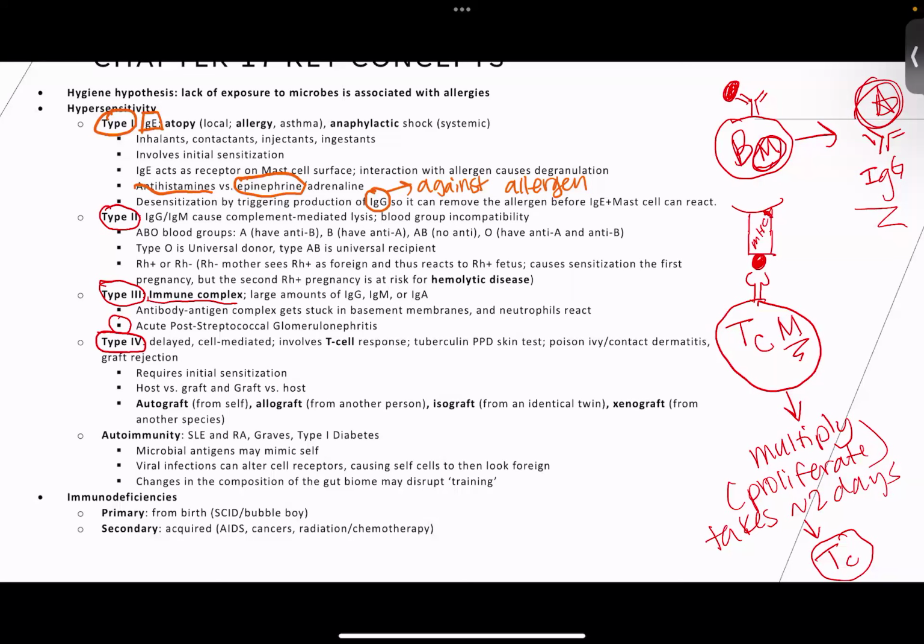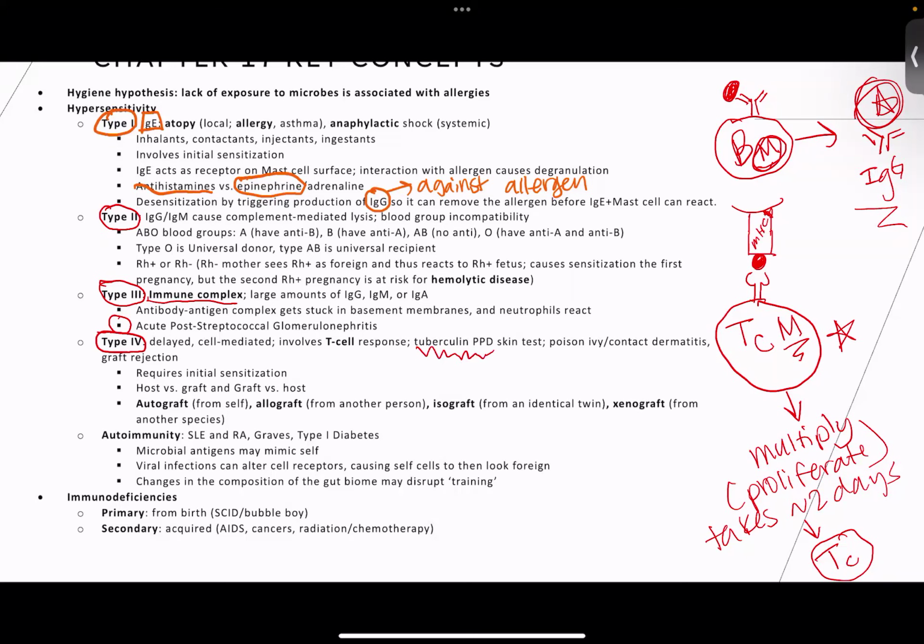But in situations where this is a problem, where we have cytotoxic T cells that see cells as being infected with something when they're not, those situations are usually related to these. These are the obvious examples. The tuberculin PPD skin test.